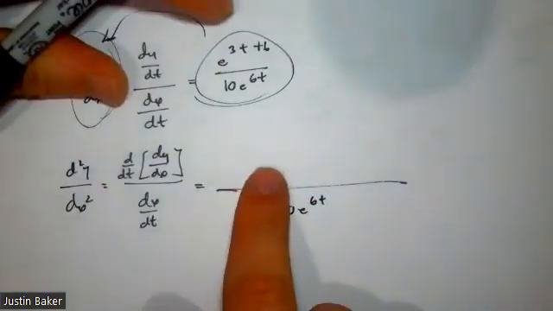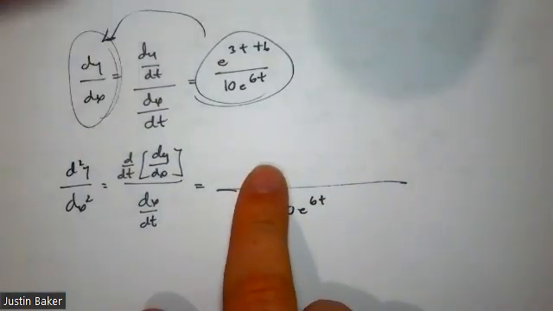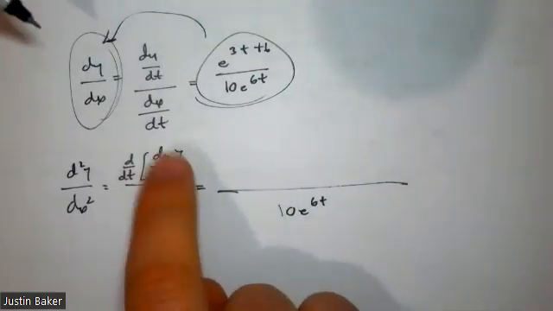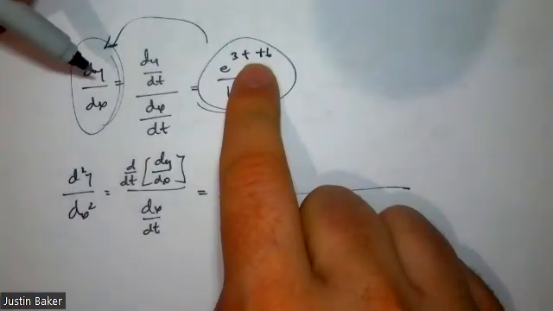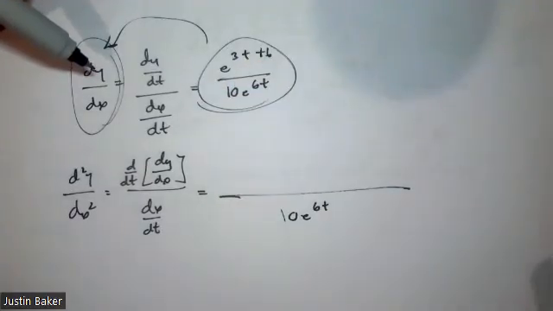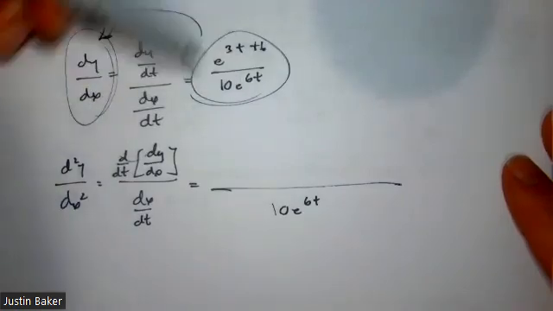But up top, they're saying to take the derivative of dy/dx. This is dy/dx. Do you get what I'm saying? So this would be a quotient rule on what you have up here.